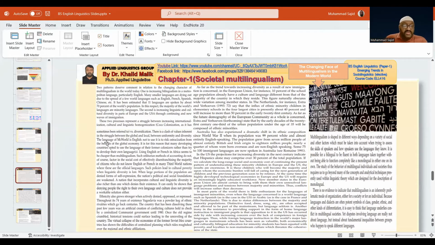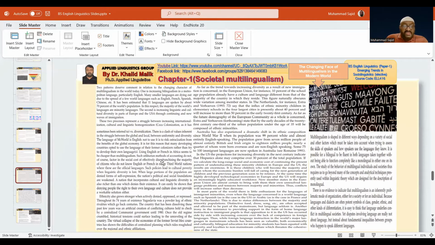The language of the backward is English; not to use it is to risk ostracization from the benefits of the global economy. It is for this reason that many developing countries opted to use the language of their former colonizers rather than try to develop their own language or languages. Using English or French in Africa seems to be cheaper than multilingualism.